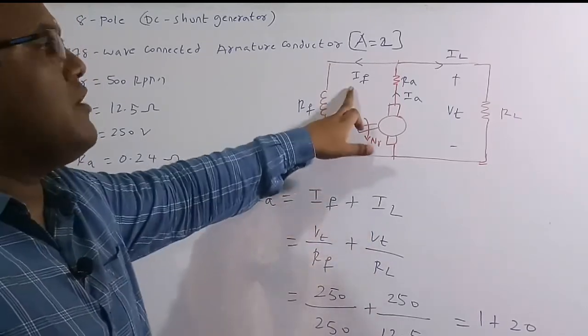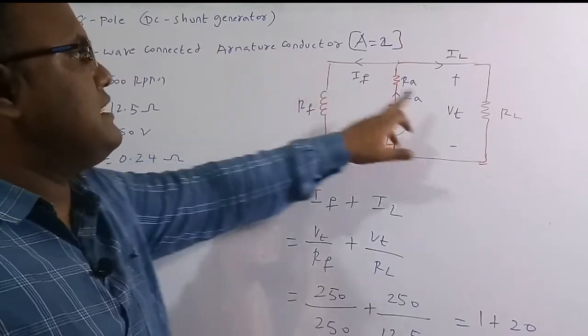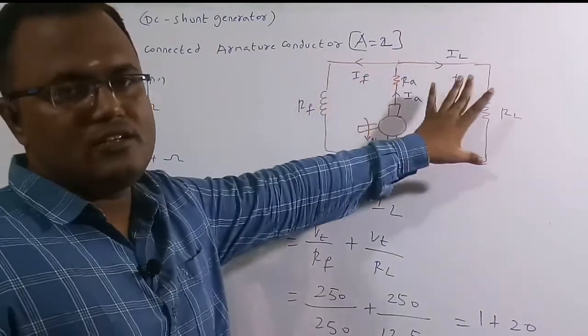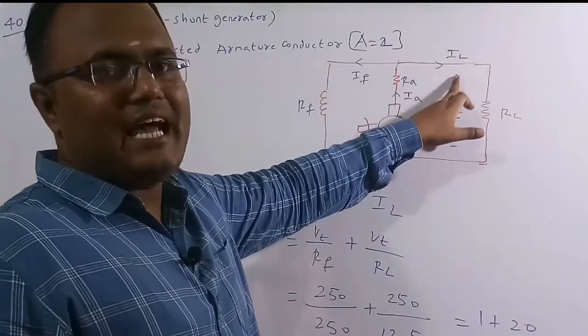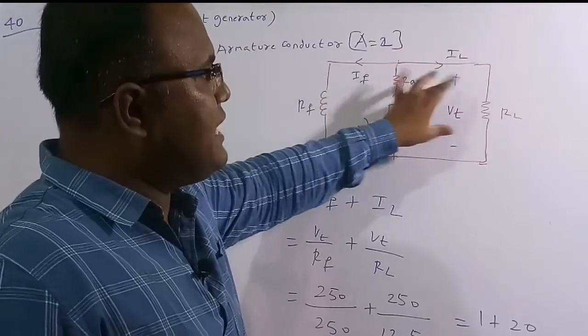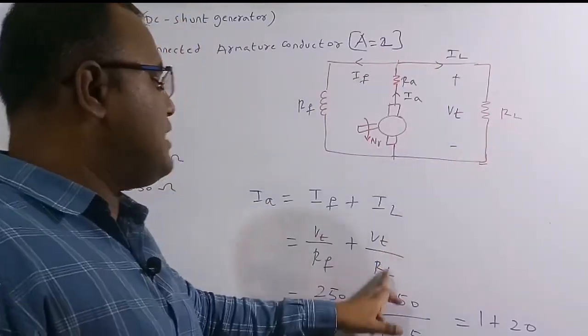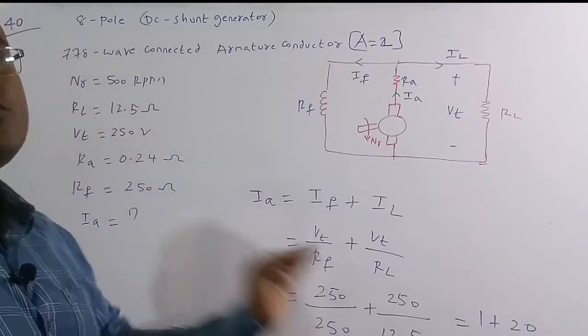I want to know the value of IF. The terminal voltage across the field resistance is Vt, because these two are connected in parallel, so the same voltage. So IF is Vt by Rf, and the load current IL is equal to voltage by resistance, which is Vt by RL. We know each and every value, so substitute them.